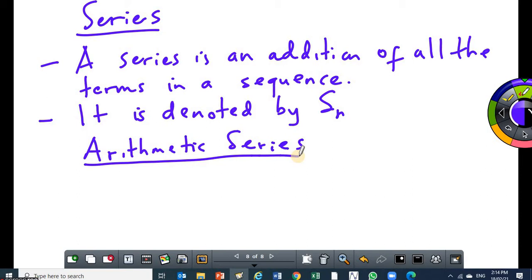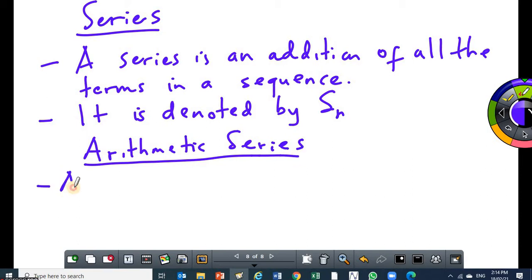I'm going to give you a definition of an arithmetic series now. A simple definition: an arithmetic series is an addition of all the terms in an arithmetic sequence.